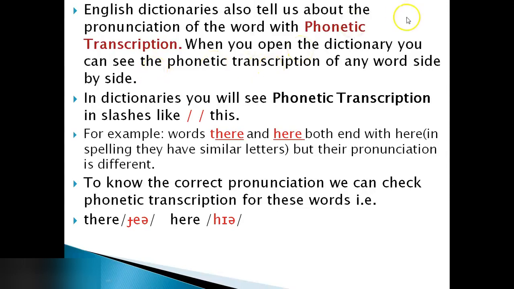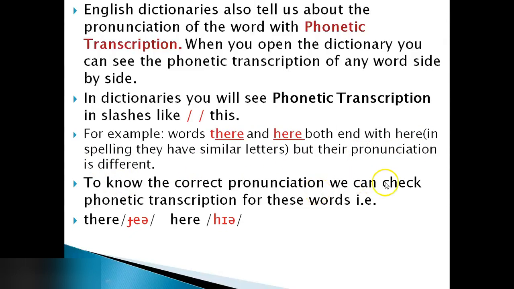In dictionaries, you will see phonetic transcription in slashes like this. In between these slashes, you can see the symbols about which I will be telling you later on. For example, the words there and here both end with the letters H-E-R-E. In spelling, they have similar letters, but their pronunciation is different.